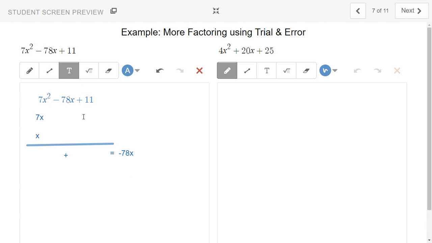Our factors for 11, I could have negative 1, negative 11.